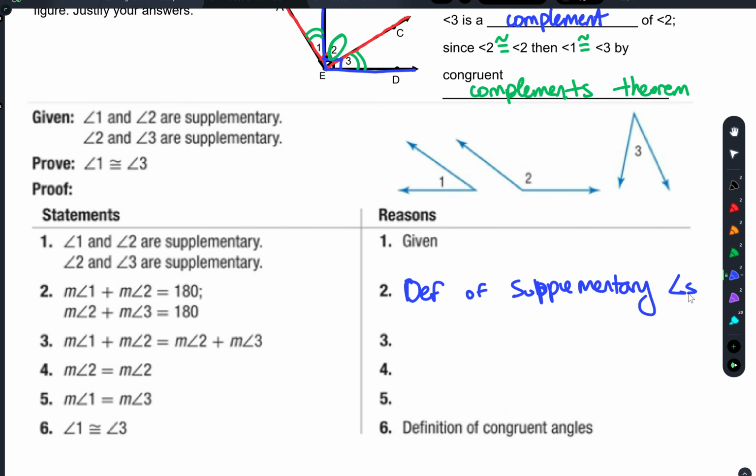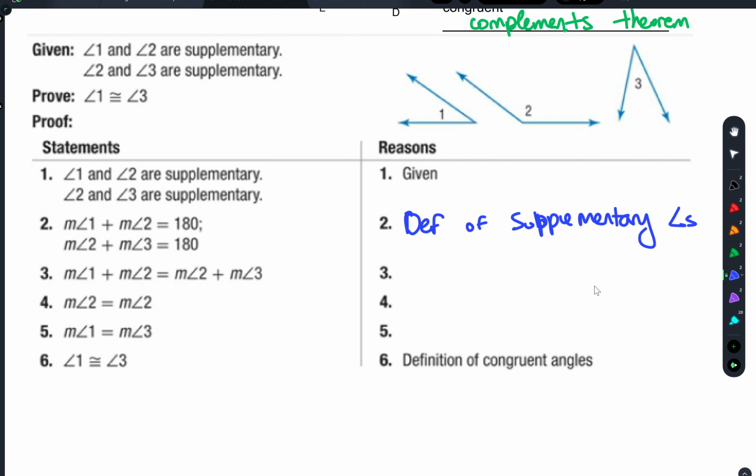What do we think about number 3? How did we get to step 3? Look at step 2. How do we get there?